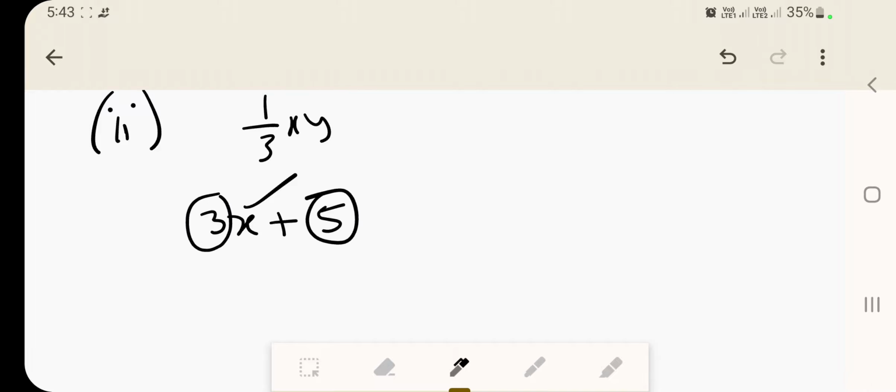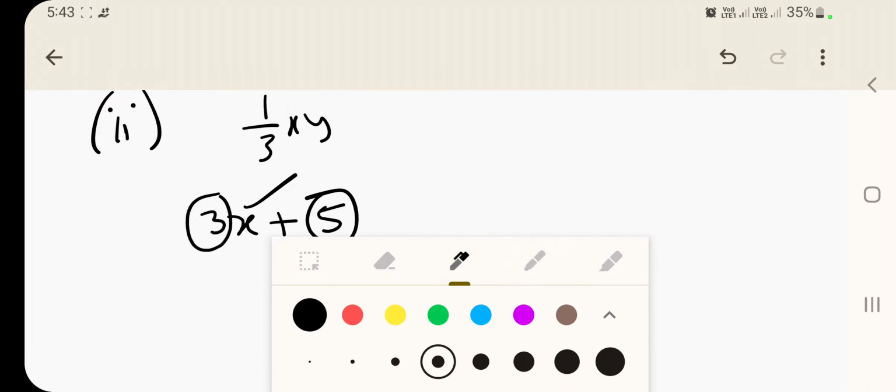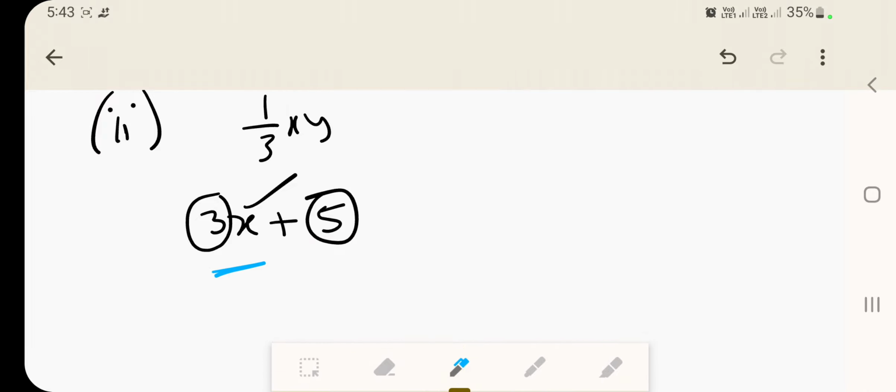In this 3x plus 5, 3x is called a term, and 5 is also called a term. So an expression can be defined like this.